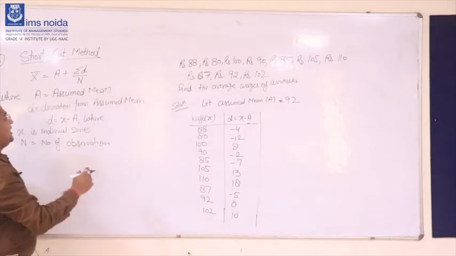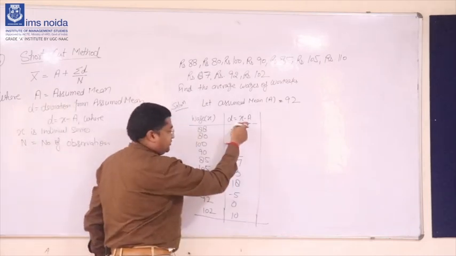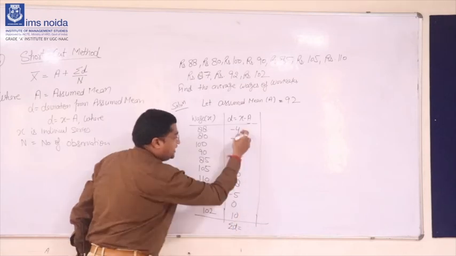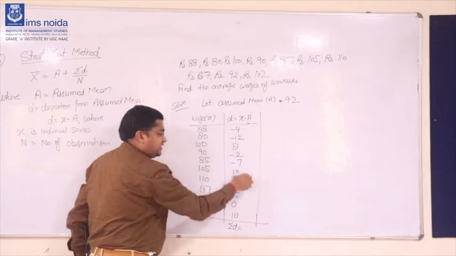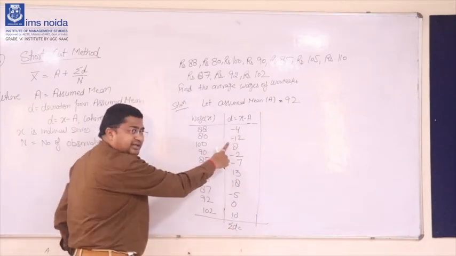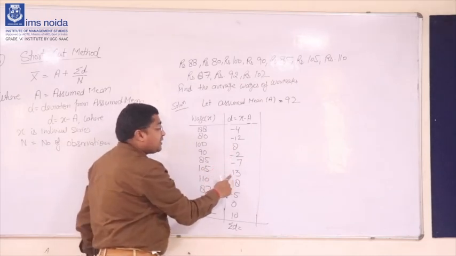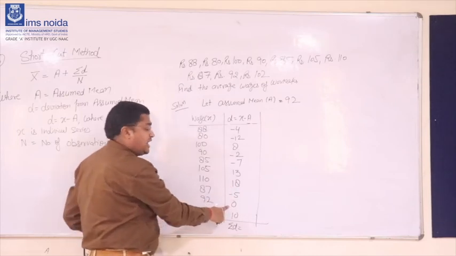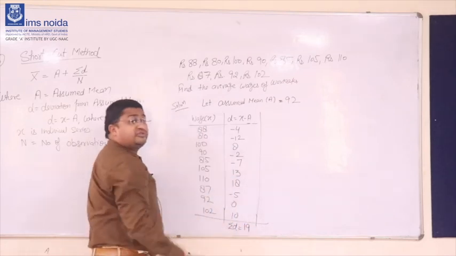That is how we find the values of D, and the sum of these values is represented by summation D. Adding minus 4 plus minus 12 plus 8 plus minus 2 plus minus 7 plus 13 plus 18 plus minus 5 plus 0 plus 10, the value of summation D is 19.